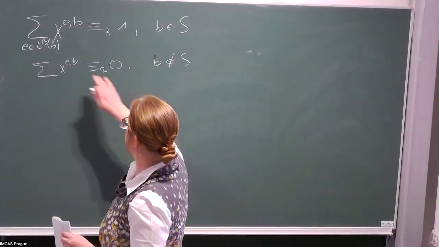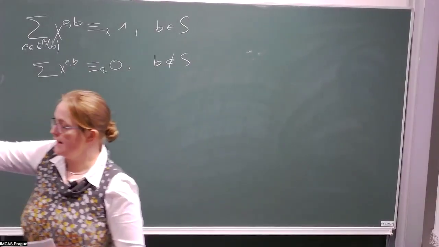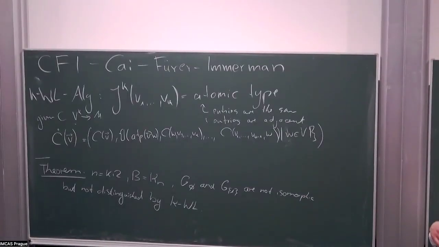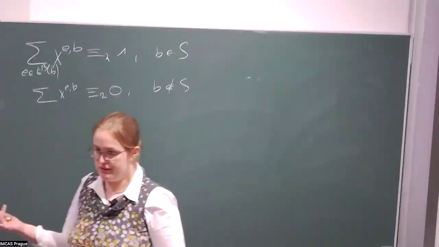So those parameters here and also the vertices over there, they say vertex B, edge E on vertex B. But this edge has two end vertices, and we might make different choices.